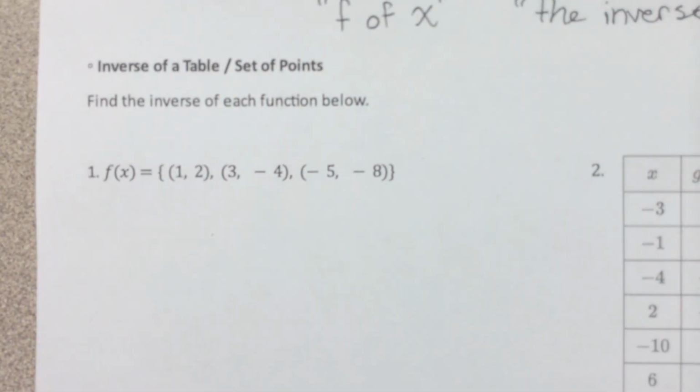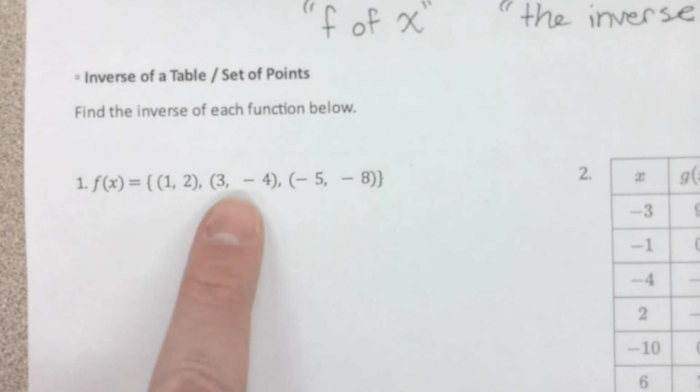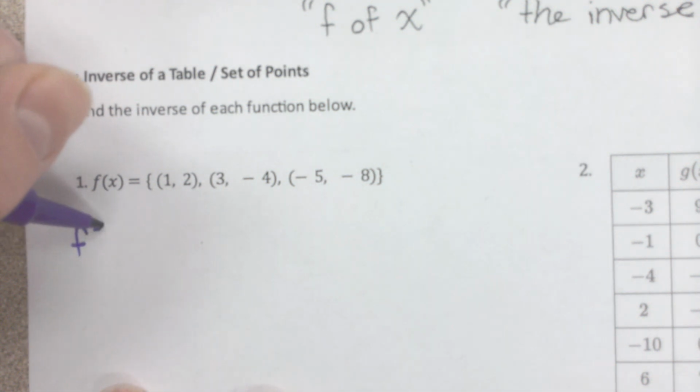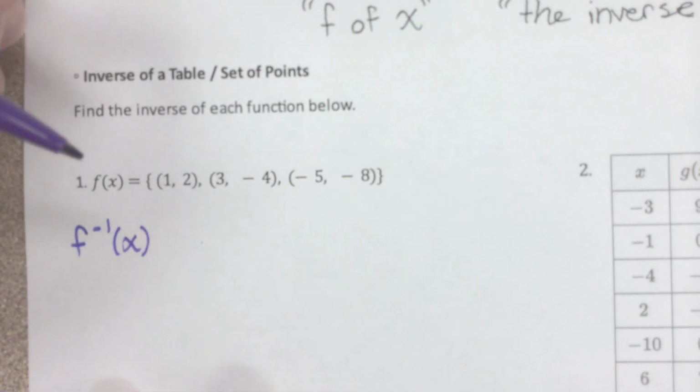We're going to start off with the easiest types. Inverse of a table or a set of points. They are done the same way, they just look a little different. Number 1, f of x equals, and we have 3 points here. So we're trying to find the inverse of f. So first we have f with the -1 of x.